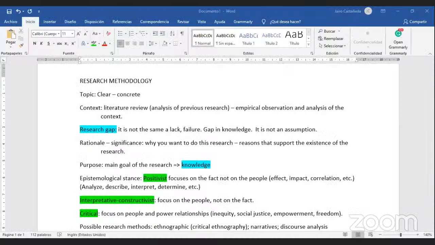Sure. Ready? Can you scroll down, please? Go down. I already got that part, please. Thank you.